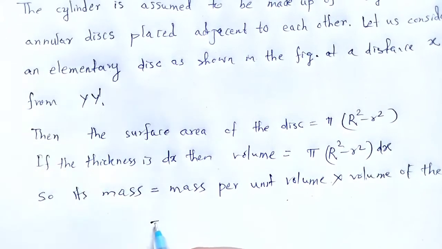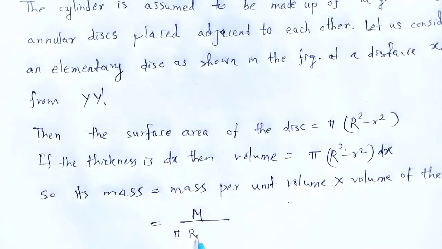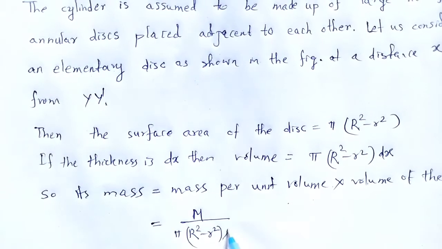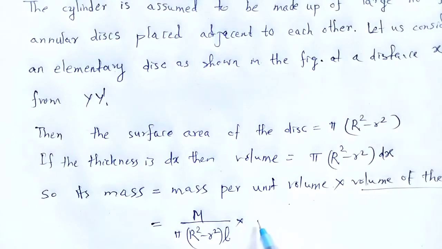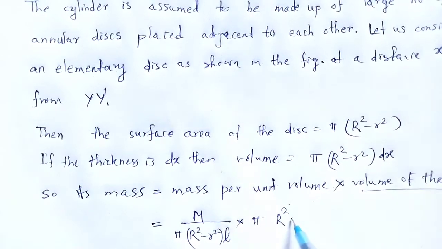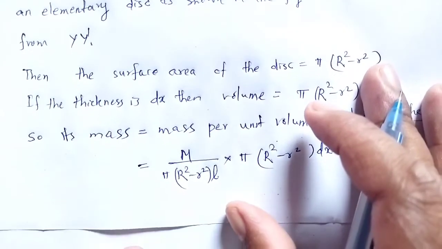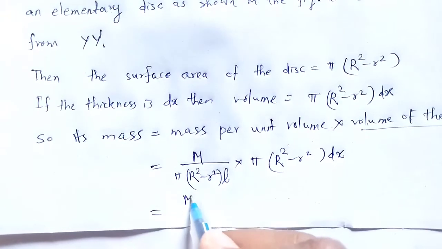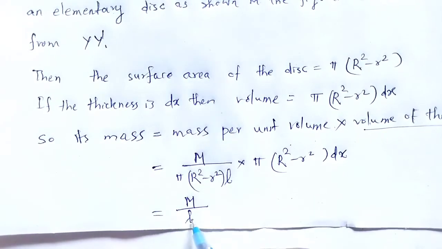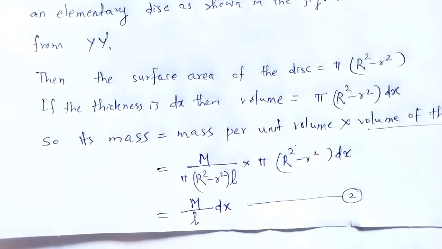Mass per unit volume is m divided by pi (R square minus r square) into L, into the volume of the disc, that is pi (R square minus r square) dx. Solving this we get m divided by L dx, that is equation number 2.